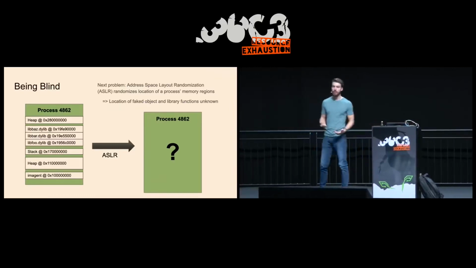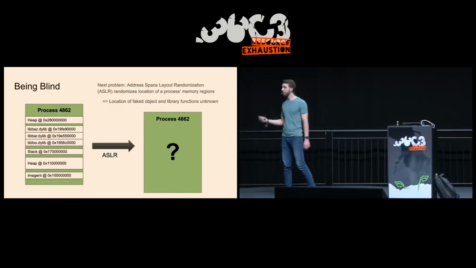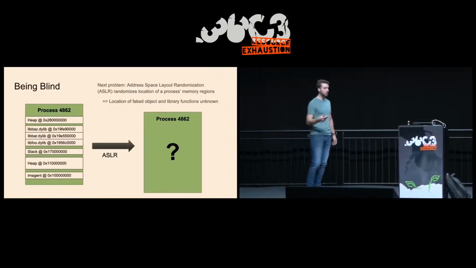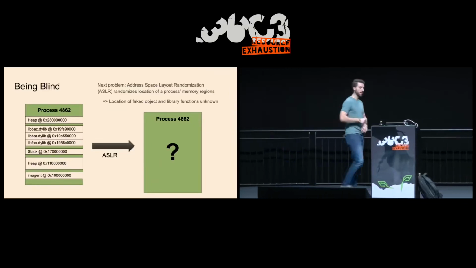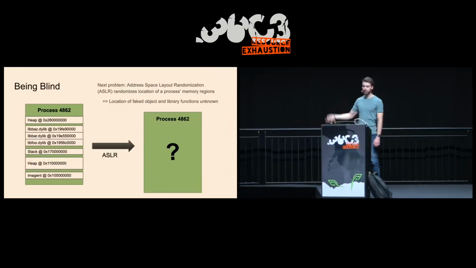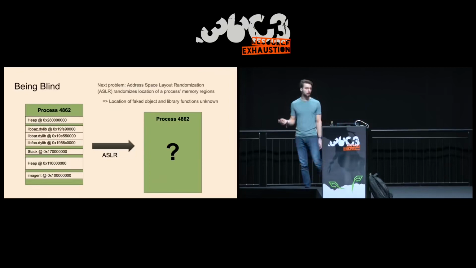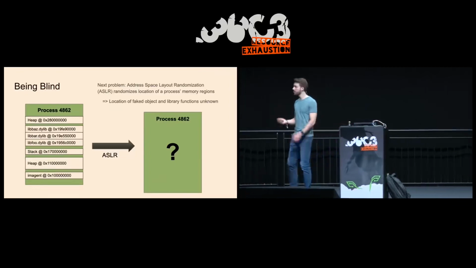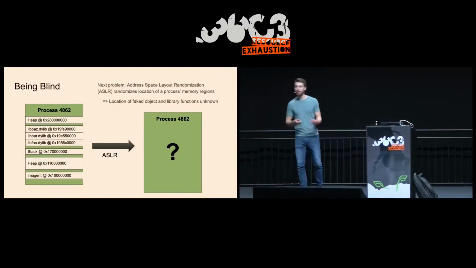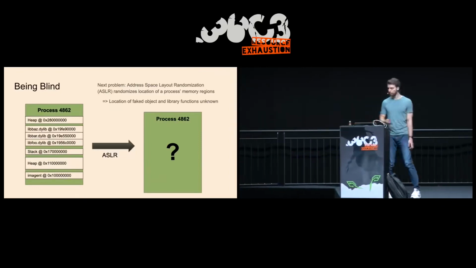So if you start the same app twice on different phones, maybe even without ASLR, the same library is at the same address. The heap is always at the same address. Stack, everything is the same. And so this would be really simple to exploit because, well, everything is the same. With ASLR, everything is shifted. And now all the addresses are randomized and we don't really know where anything is. And so that makes it harder to exploit this.